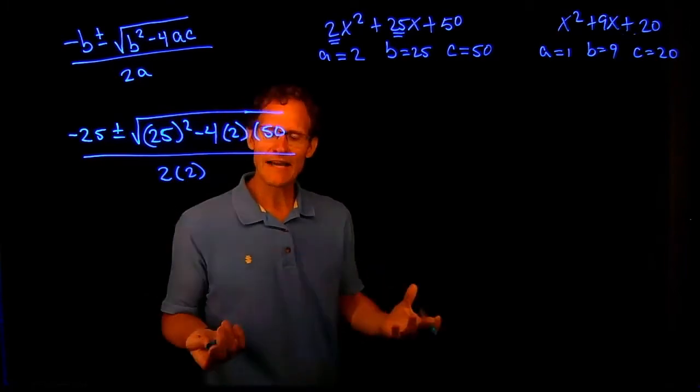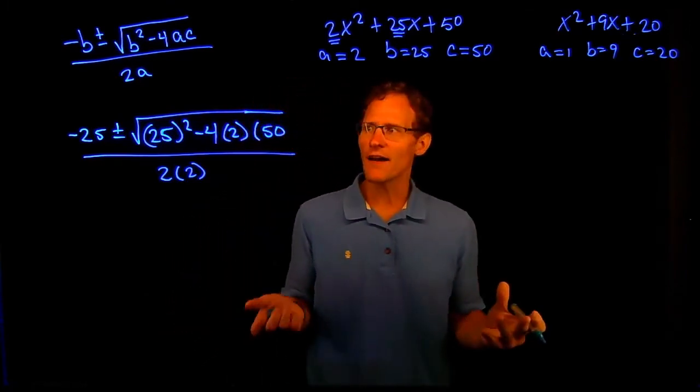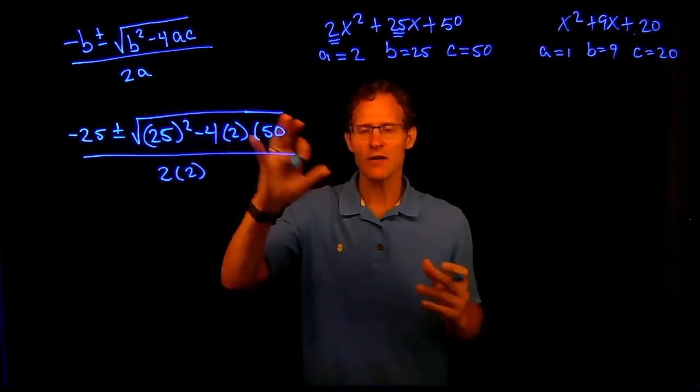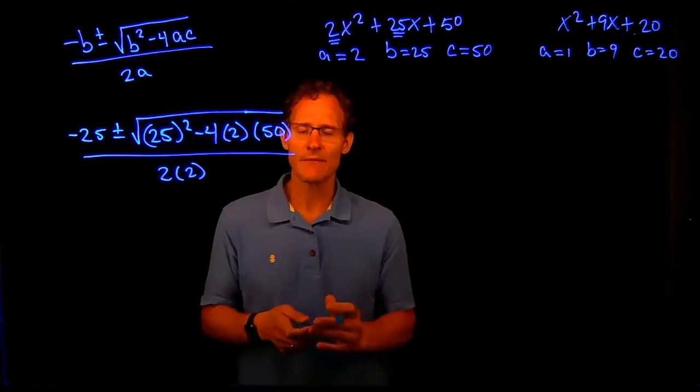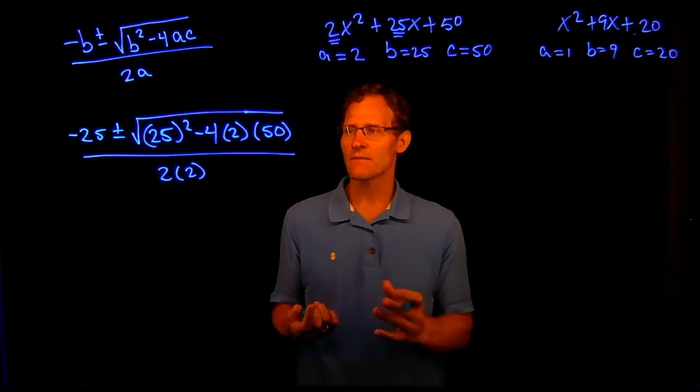As I mentioned in the last video, don't stress yourself out by thinking this is a big equation, because it's really easy to take it step by step and take these things in pieces.